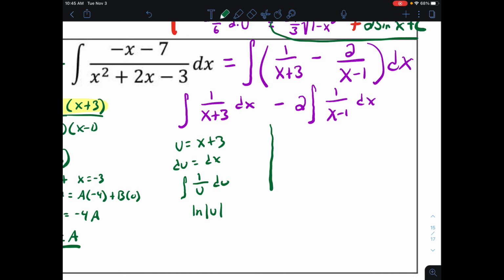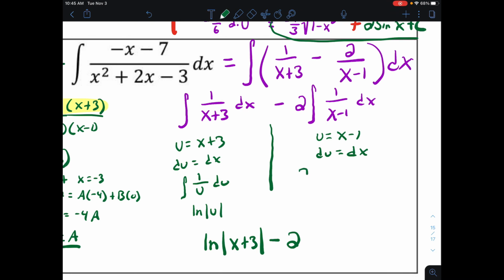And so if I put that back in, we would have the ln of the absolute value of x plus 3 to be this left side. And then we're going to have minus 2 times whatever we get for our second integral, where I could do u substitution here for the second one. So if I let u equal x minus 1, du would equal just dx.